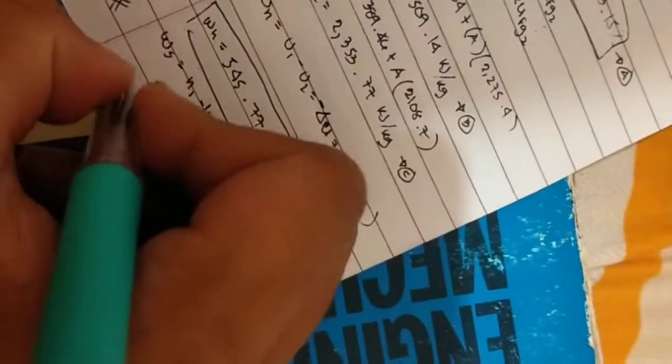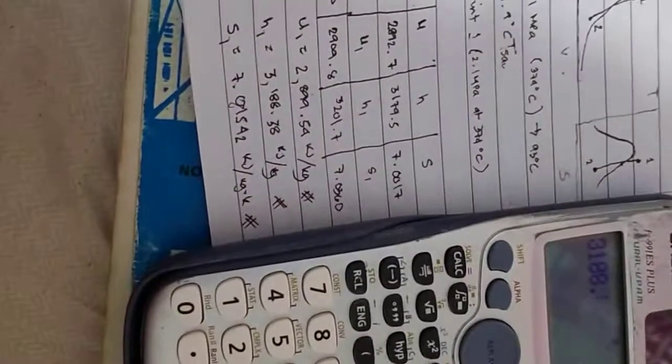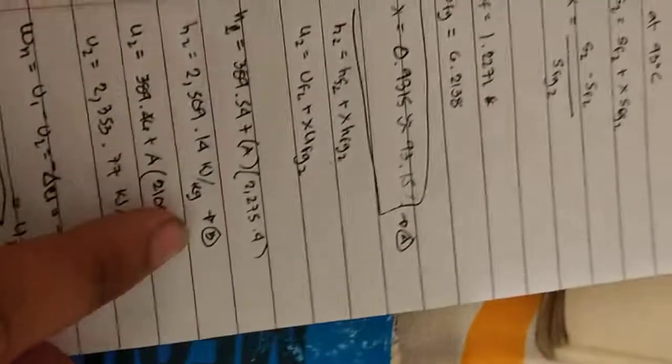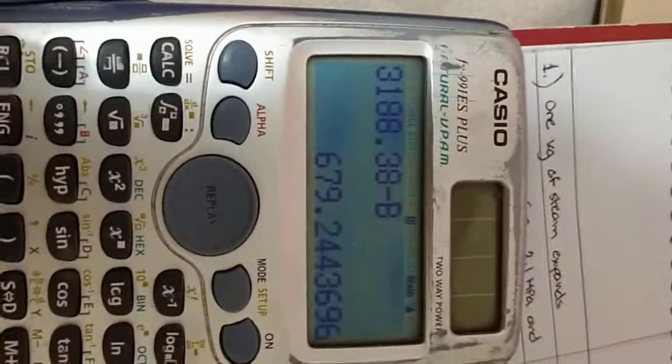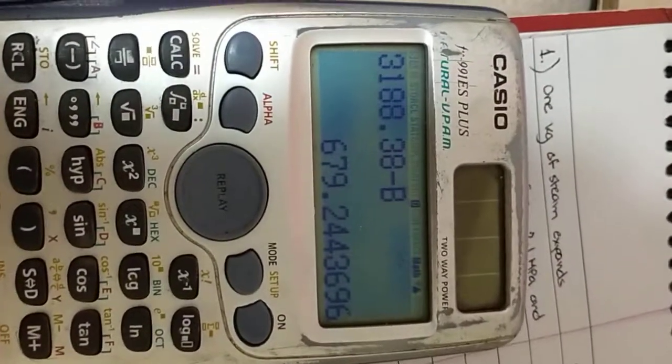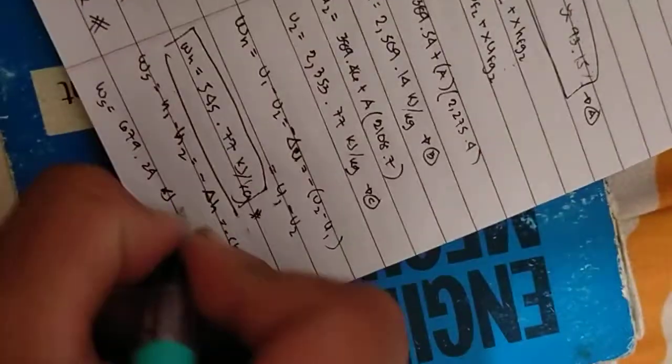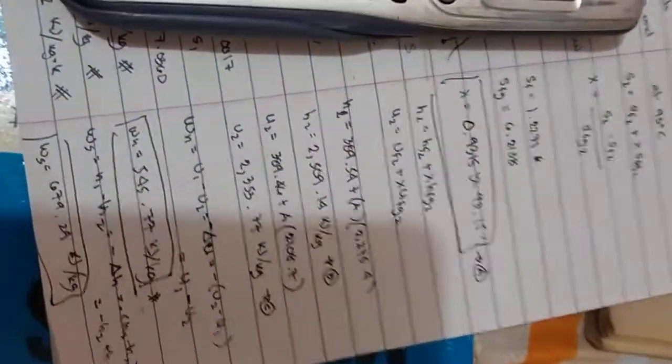So work steady flow is equal to H1, which is 3188, minus H2, which is stored at B. The value is 679.24 kilojoules per kilogram. So we have obtained the quality, work non-flow, and steady flow.